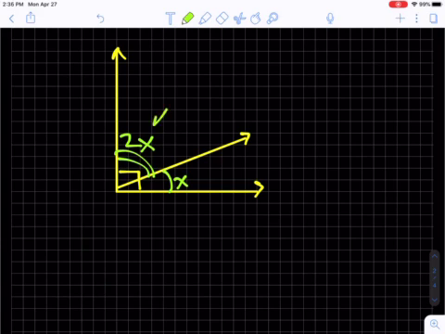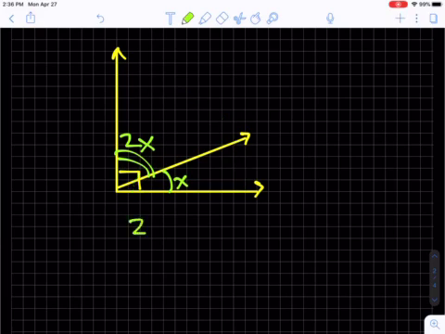So this angle is 2 times bigger than this angle. How can I use this to solve an equation and figure out the measure of both of these angles? Well, I know that if I add them together, because they are complementary angles, and the reason I know they're complementary is because they're two angles that make up this whole angle right here, which is a right angle.